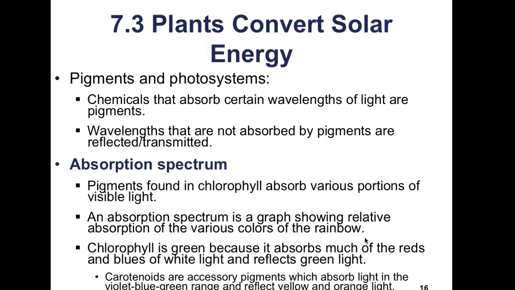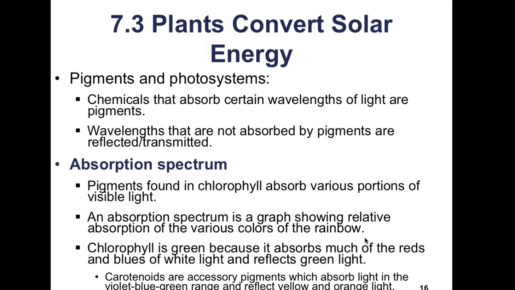Within that absorption spectrum, the pigments found in chlorophyll absorb various portions of the visible light spectrum, and an absorption spectrum basically is that graph that's going to show the relative absorption of the various colors of the visible light spectrum, which would be the colors of the rainbow, that Roy G. Biv: red, orange, yellow, green, blue, indigo, and violet.